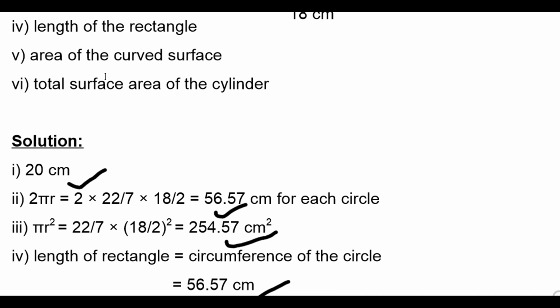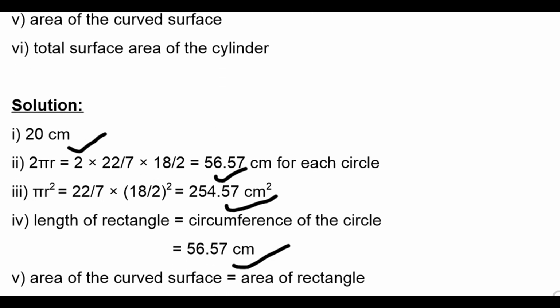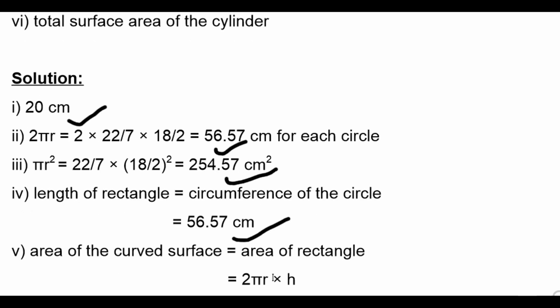So let's find the area of the curved surface. Now, as we know, the area of the curved surface equals what? The area of the rectangle, and the area of the rectangle is given as 2 pi r.